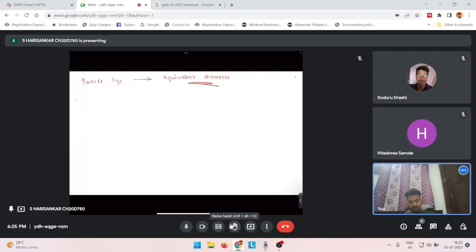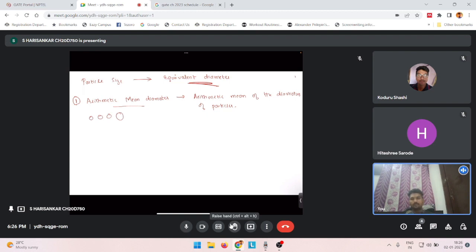For example, one such diameter is the arithmetic mean diameter. This is basically the arithmetic mean of the diameters of particles. Let's say you have four particles like this.